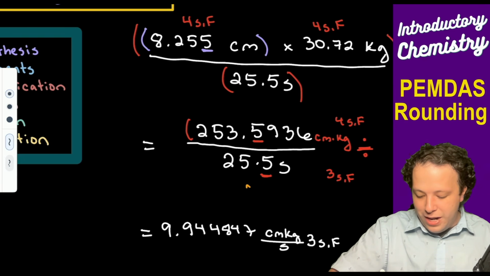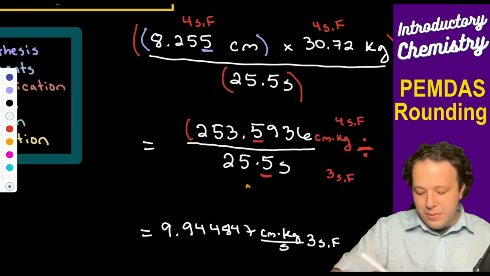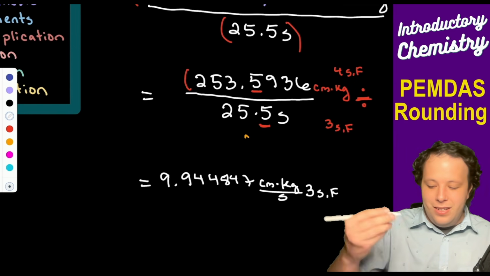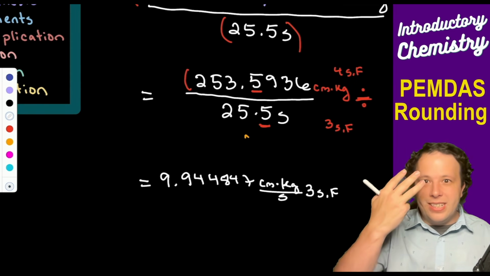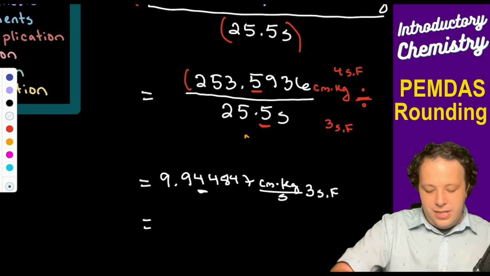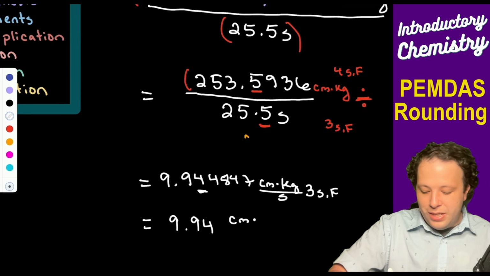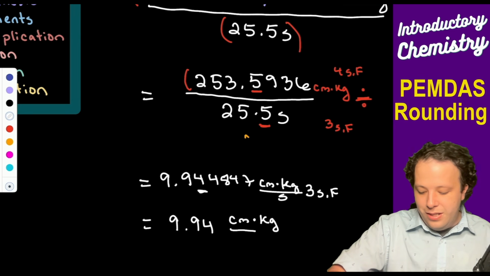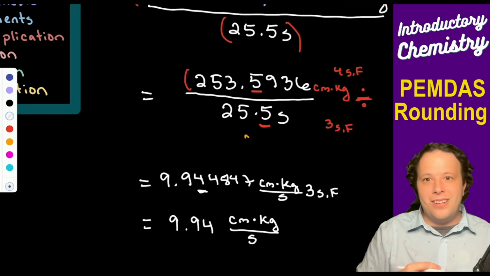It's this big derived unit that we are making here. Now, being that we said we're going to round this to 3 sig figs, we're going to round it right here. This is going to equal 9.94 centimeters times kilograms divided by seconds.